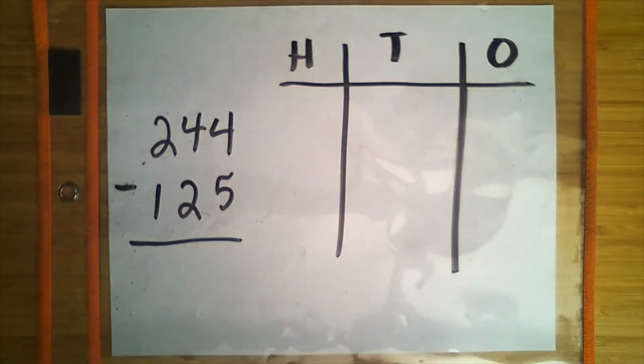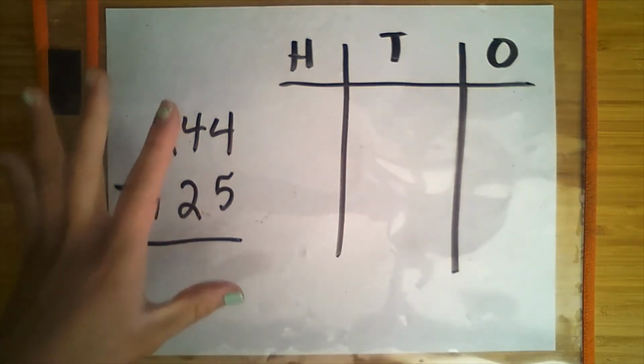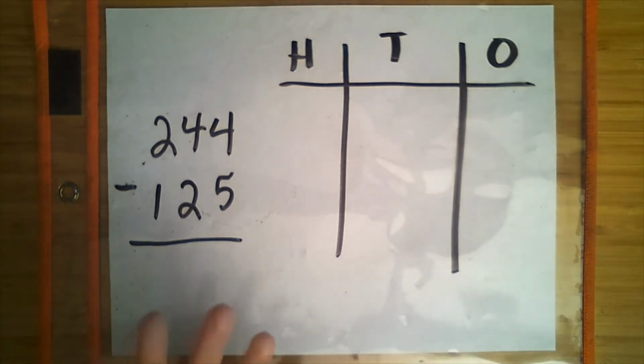Welcome to the first part of our teacher model. You'll notice that we have a blank place value chart along with a subtraction number sentence or a subtraction equation. As always, when we subtract, it's very important that we identify and figure out what parts or wholes are given and then what exactly we are solving for.